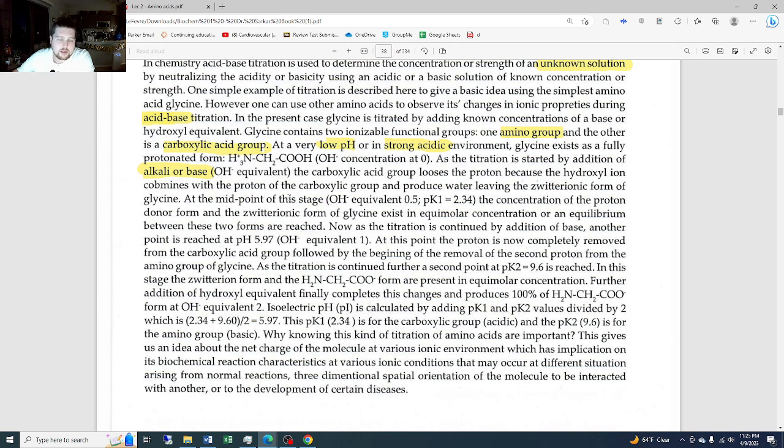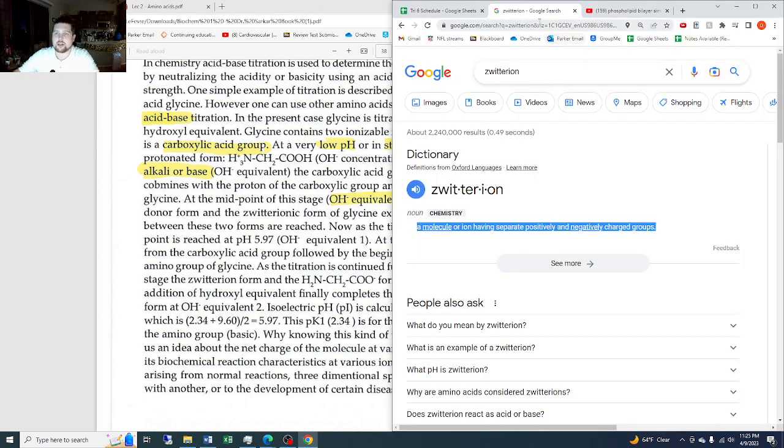At the midpoint of this stage, when the OH equivalent is 0.5, the proton donor form and the Zwitterionic form of glycine exist in equimolar concentration. So moles is one of the ways that we measure concentration.